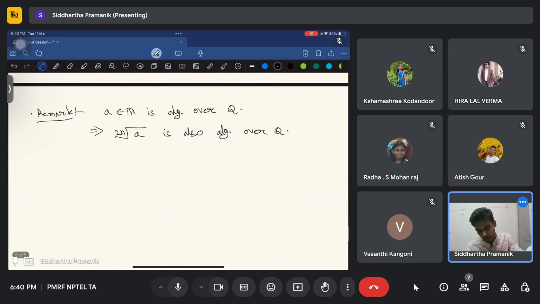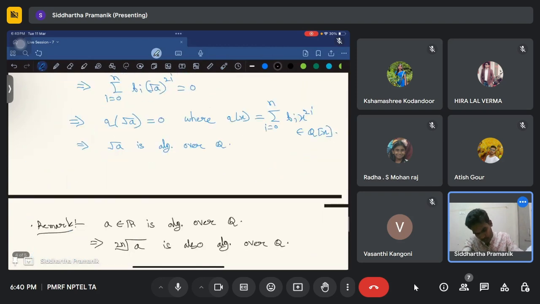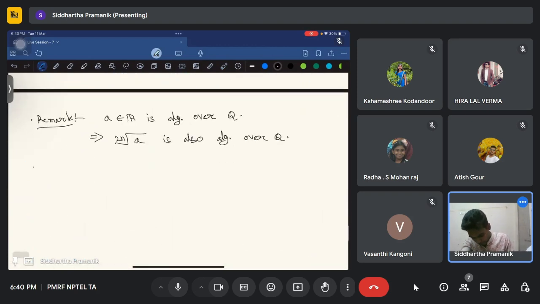So here, something more general we can talk. Here we are taking the 2^n-th root of A, right? Now what about the other powers? So this is problem number 6. Let A belongs to R be algebraic over Q and r be a rational number.